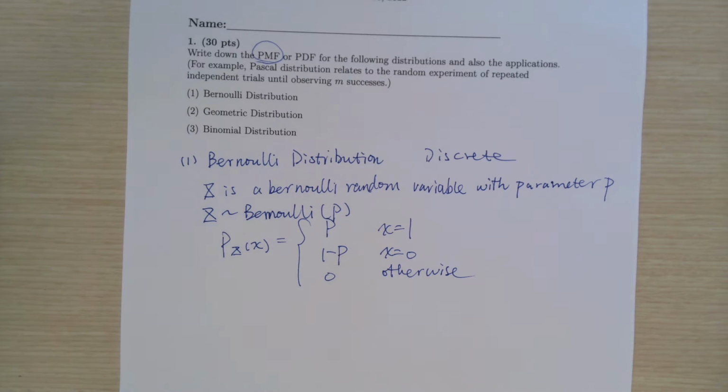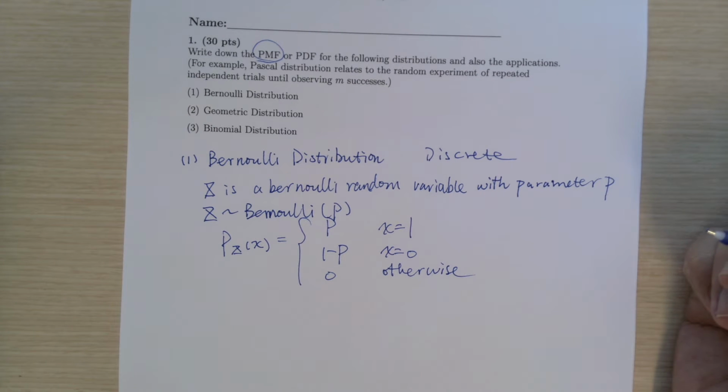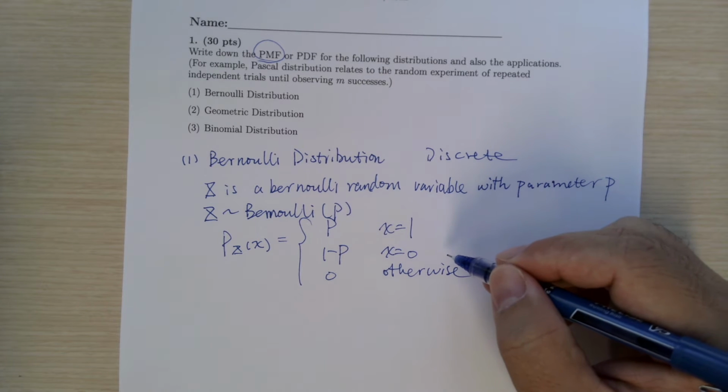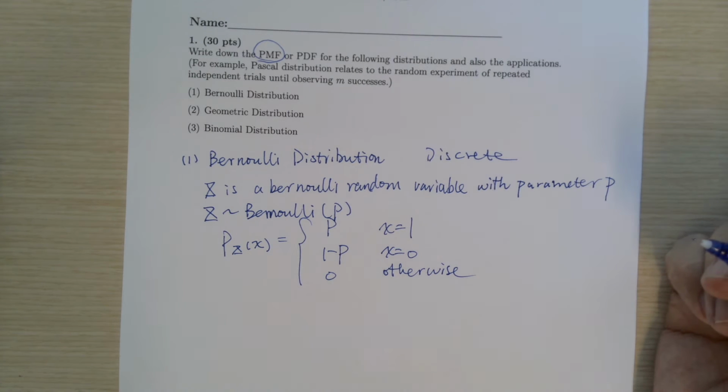As you can see, this Bernoulli random variable can only take either 1 or 0, those two possible values.